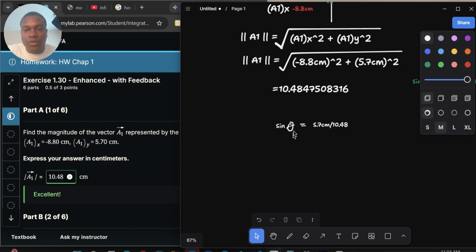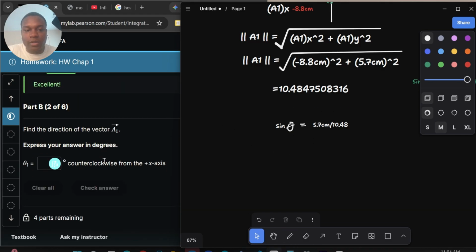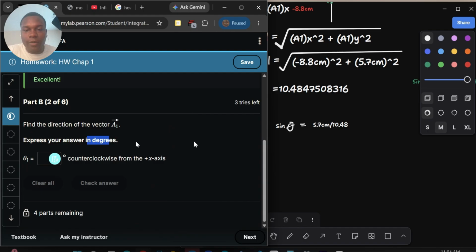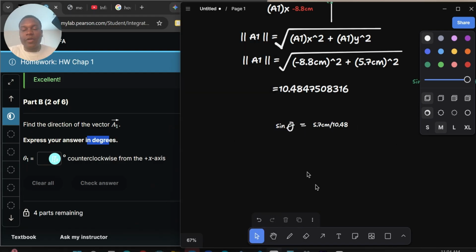So theta is integrated into sine. So what we are going to do is get the inverse function of sine that returns a value for theta in degrees, right? So we're going to make sure our calculator has degrees.